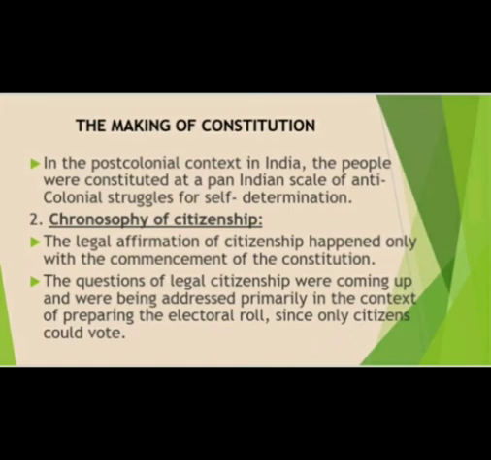In the post-colonial context in India, the people were constituted at a pan-Indian scale of anti-colonial struggles for self-determination, but also in and through specific sites where struggle took place against local power formations. The people were also constituted as the repository of sovereign power when they gave themselves the constitution on 26 November 1949, a constitution that they had enacted.